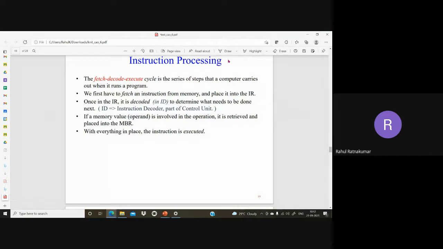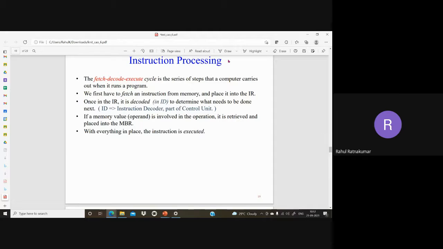We already discussed that the processor is always doing three things: fetch, decode, execute, and continues until it is made to stop using a halt instruction. In halt also, we are executing the stop instruction. So the first step is fetching. After fetching, the instruction pointed to by the PC is placed into the instruction register, IR.